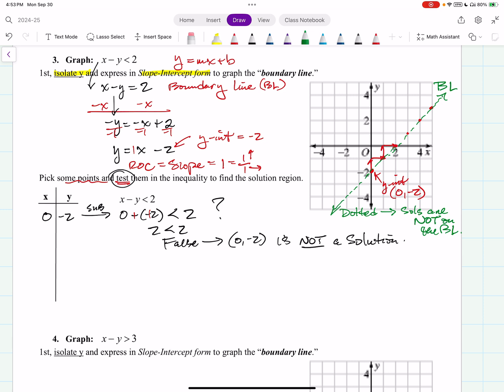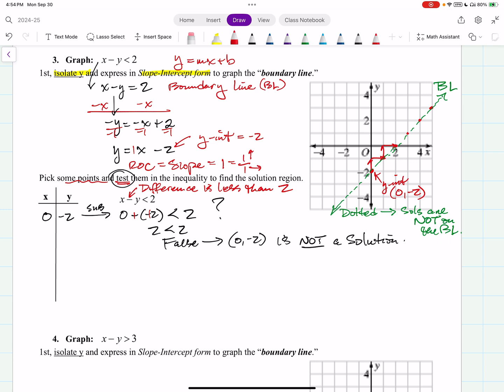We want to pick some points whose difference here is less than 2. This x minus y is called a difference. We want to pick two points whose difference, let's write this out in words, is less than 2.